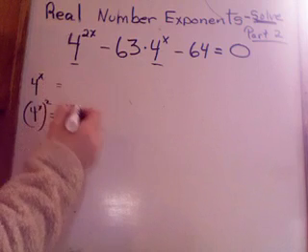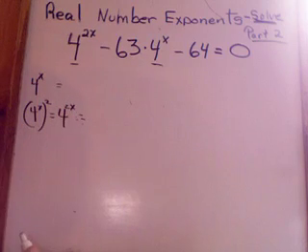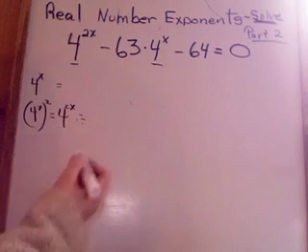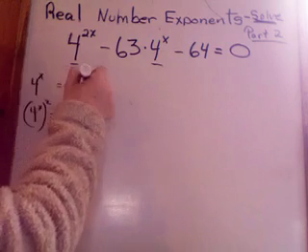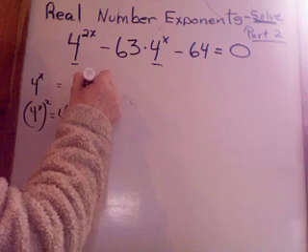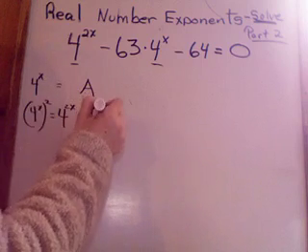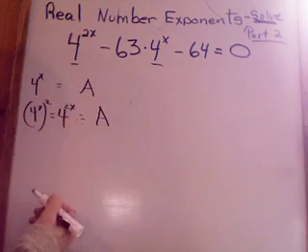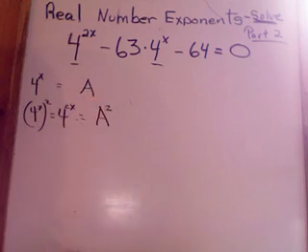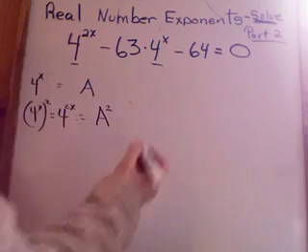So, keeping that in mind, I'm going to use what's called substitution. I'm going to let 4 to the x equal the number a. And 4 to the x squared, what do you think that's going to be? I hope you guessed a squared. Now I'm going to rewrite this problem.